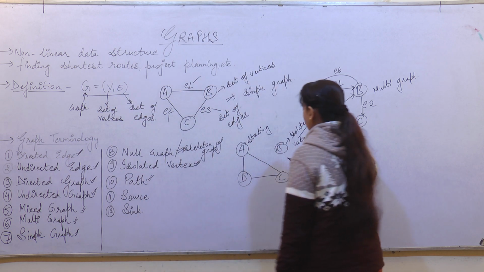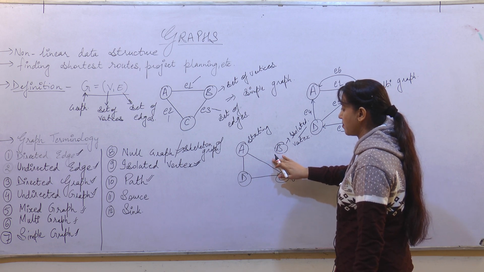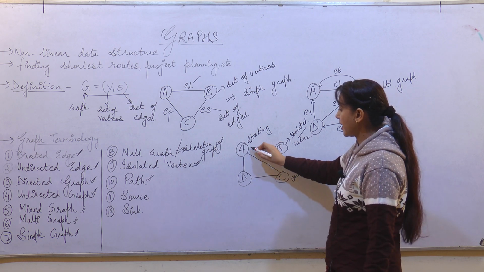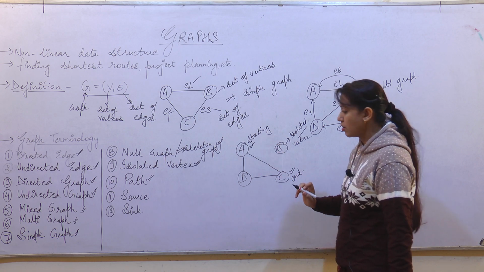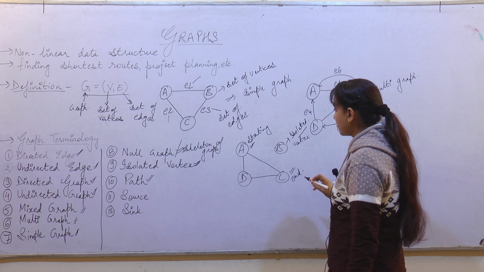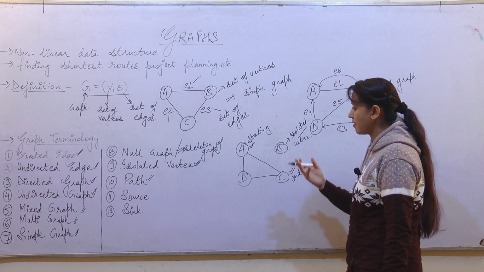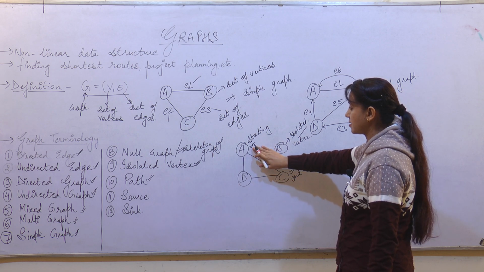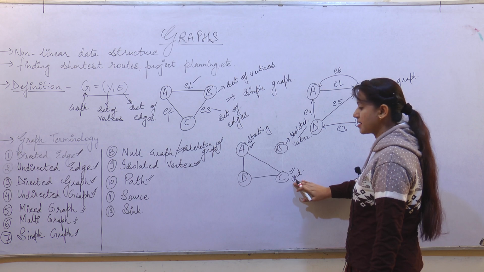Taking this example of the graph, suppose that A is our starting node and C is our ending node. We have two ways to travel from node A, our starting node, to node C, our ending node.